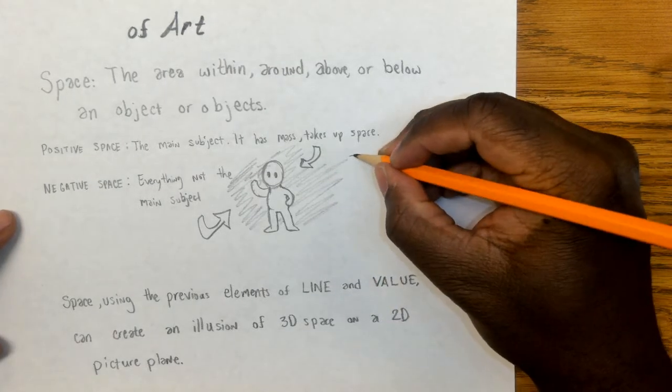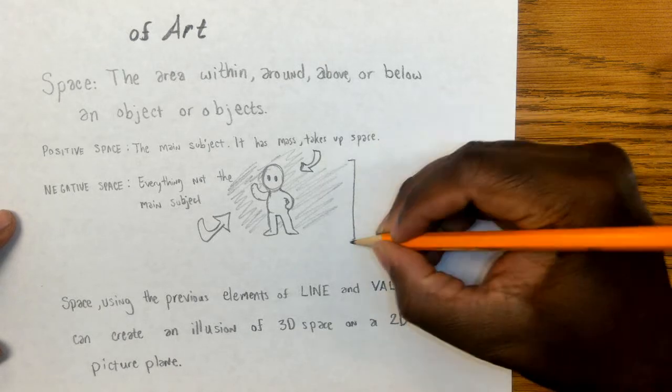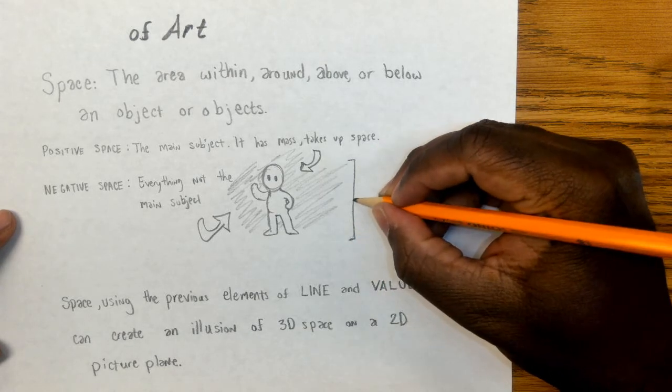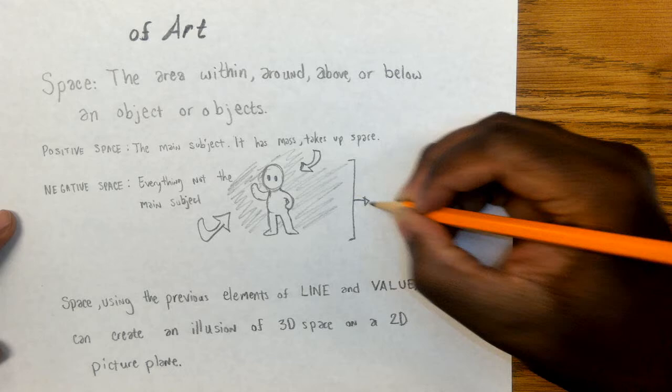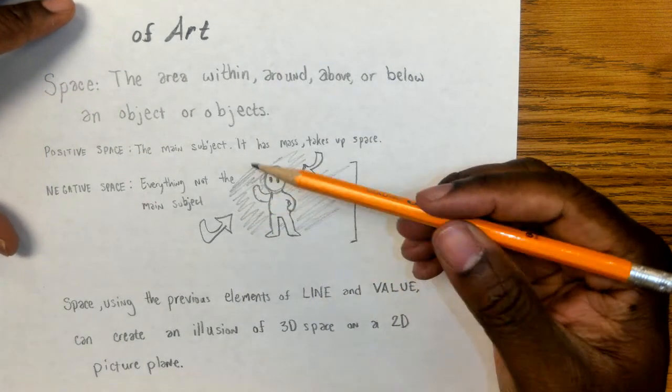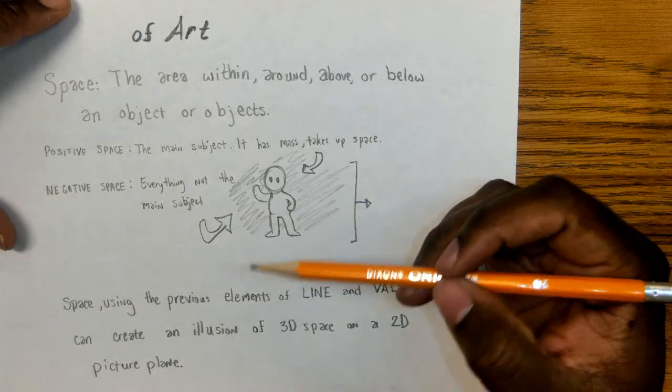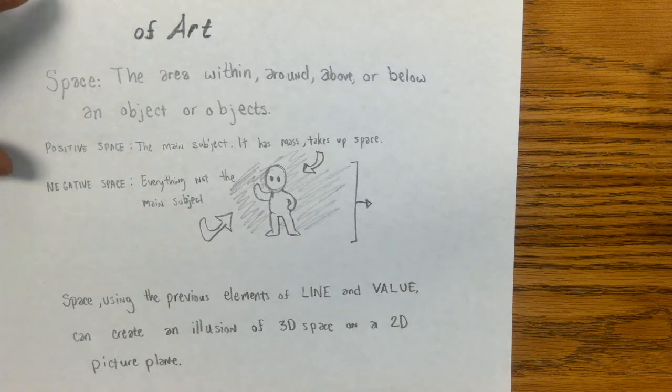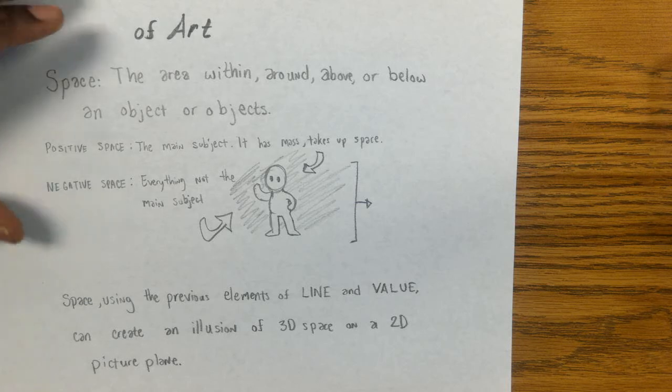Now, on top of that, when dealing with space, you have to consider the three parts of your picture plane. A little guy here, remember, is just a subject. He's not the background. He's not an element that we use as window dressing.